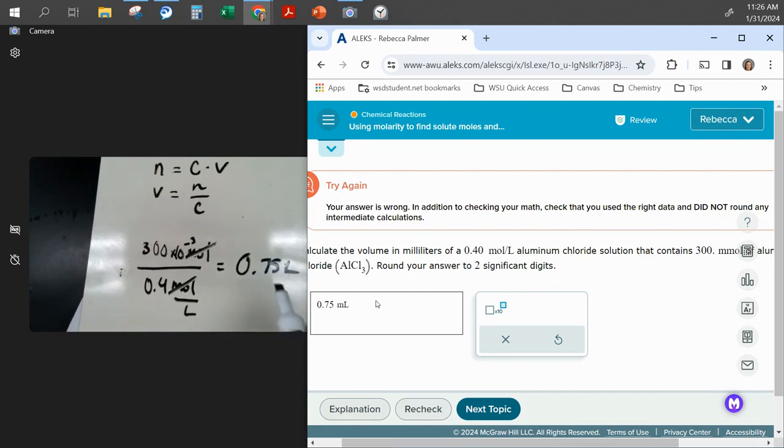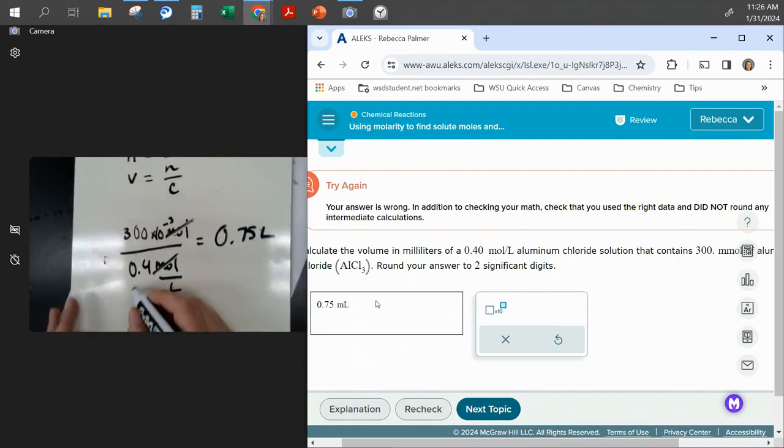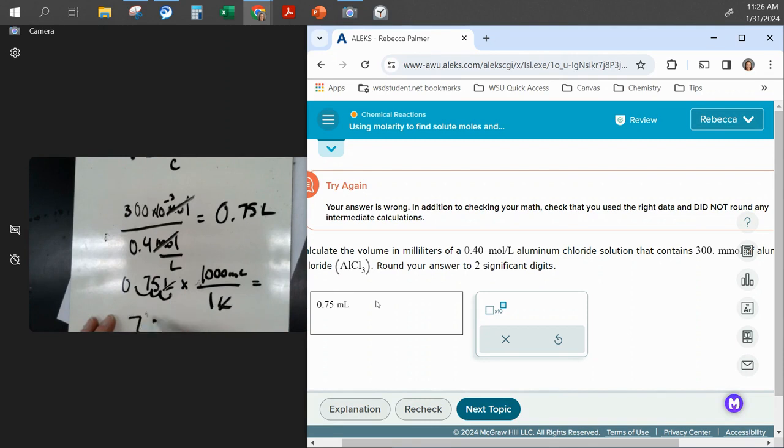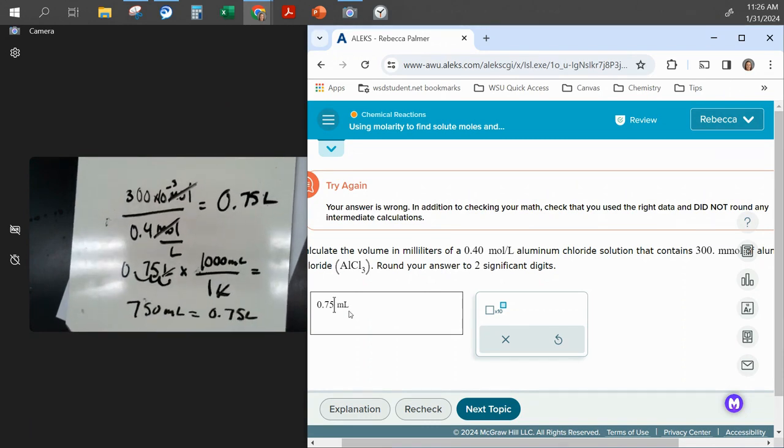Good. So, if I have 1 liter is 1,000 milliliters. So I'm going to move the decimal 1, 2, 3. So 750 milliliters is the same as 0.75 liters. Oh, okay. This one's annoying. Let's see.